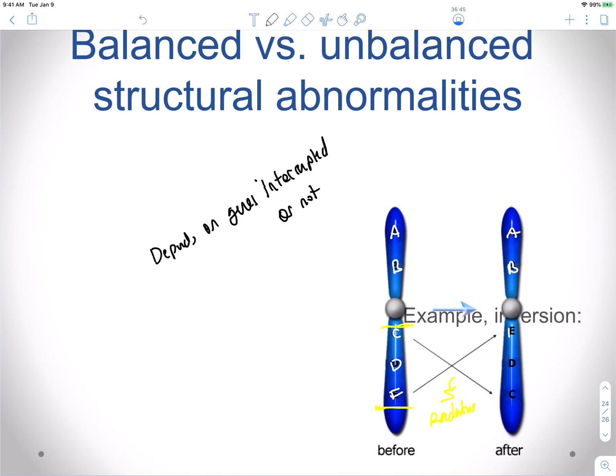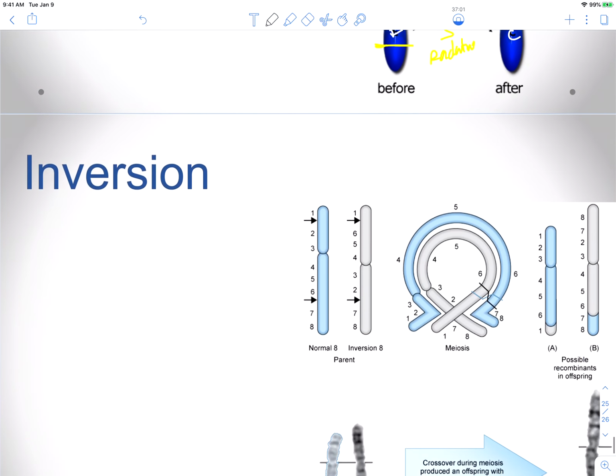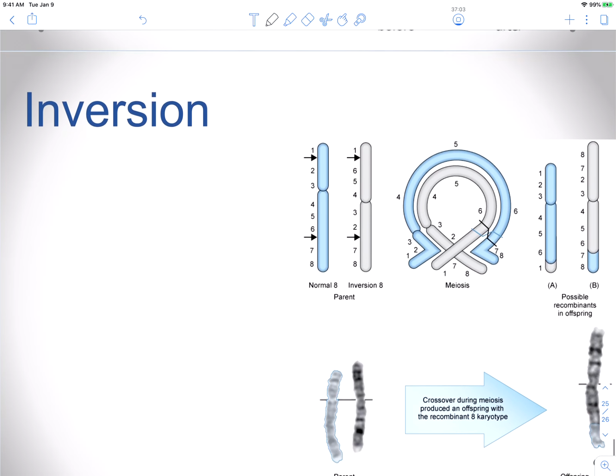So now you have E, D, and C. So basically it inverted itself, but it still is referred to as balanced. Now inversions can cause 2 breaks on a chromosome, and then you can get fragments reinserted at the original site but inverted, just like I showed before.